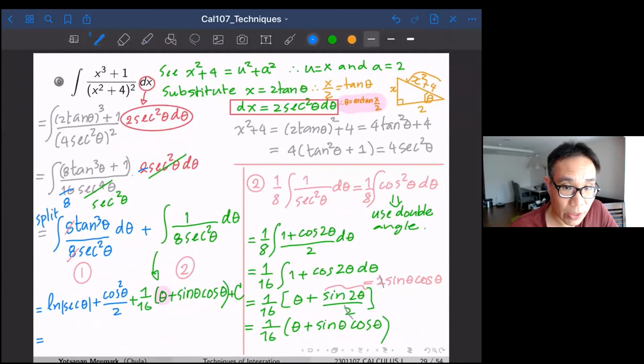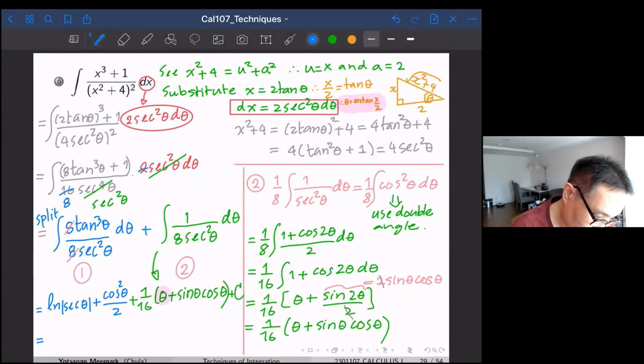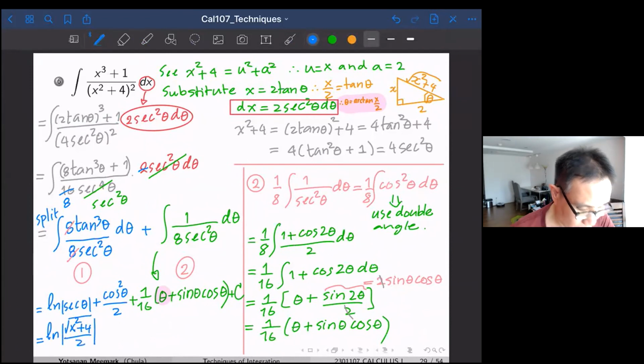What is sec theta? Sec is hypotenuse over adjacent. So this one will be log absolute of square root of x squared plus 4 over 2. That's my first term. And you have cos squared, so it's going to be 1/2, and cos is adjacent over hypotenuse, so square root of x squared plus 4 in the denominator, and then square it.